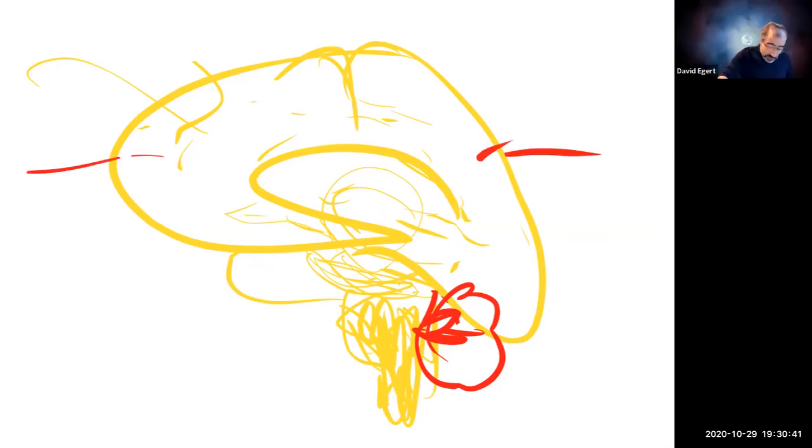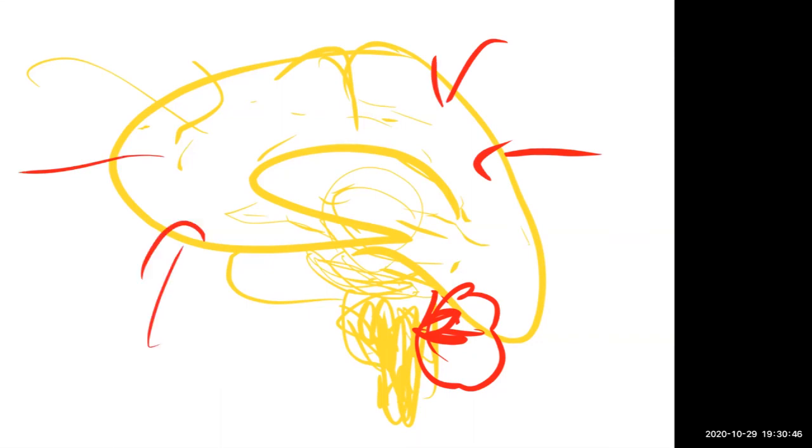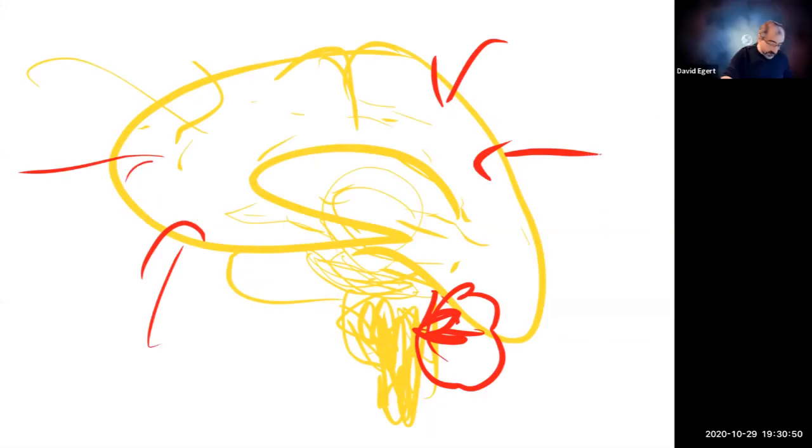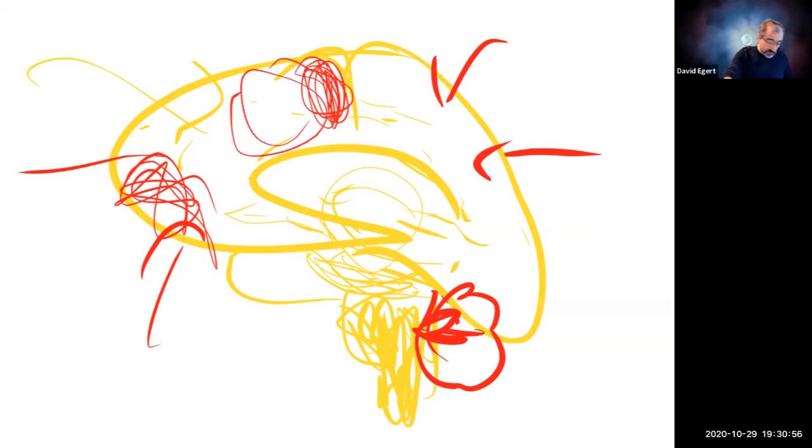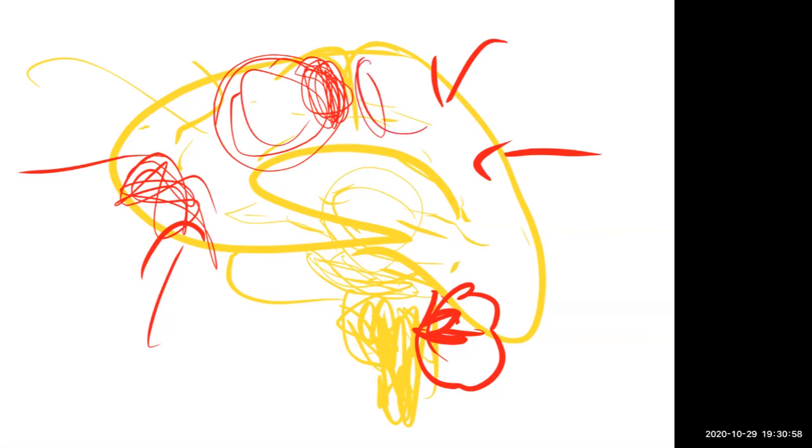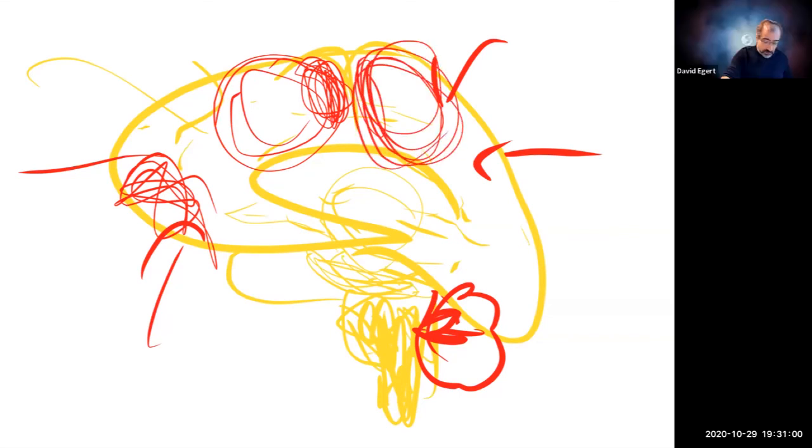Then we spent a lot of time in the cerebrum. You should know about prefrontal areas with executive control, the precentral gyrus and frontal areas for motor, and the somatosensory parietal area of the postcentral gyrus.